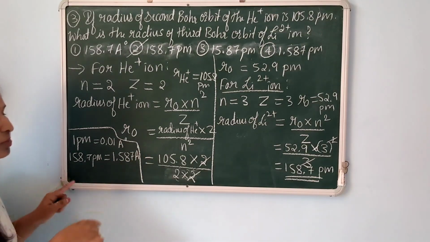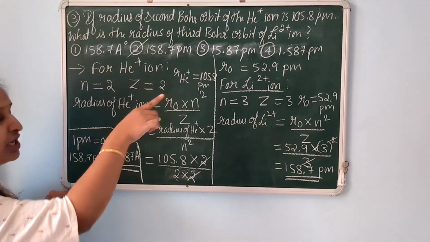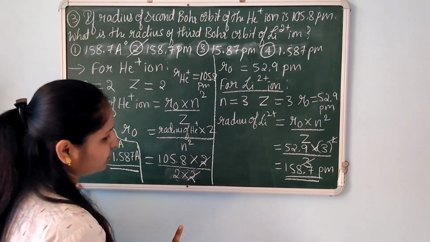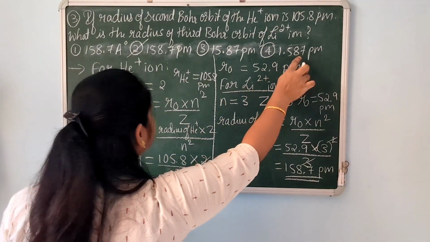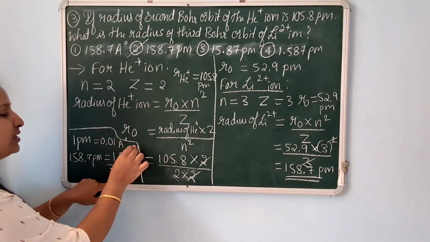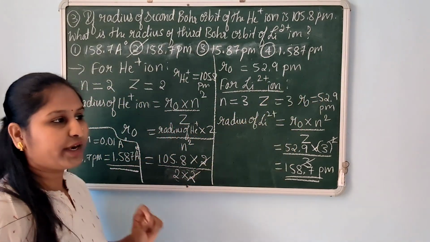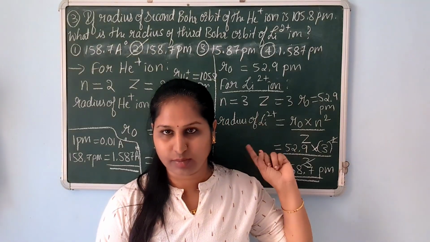So you have to look at the options whether this 1.587 angstrom is given in the options. If it is given, then that becomes the answer. Let us look at that here. 1.587 is given, the same answer, but it is in terms of angstrom. This is in terms of picometer. So looking at the unit is also very important while solving this type of question.